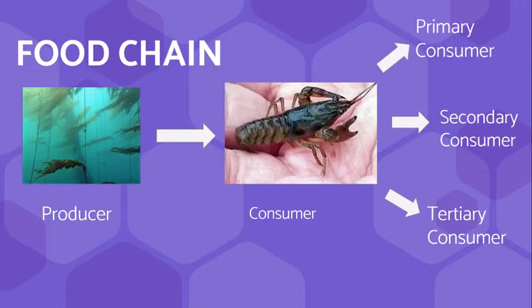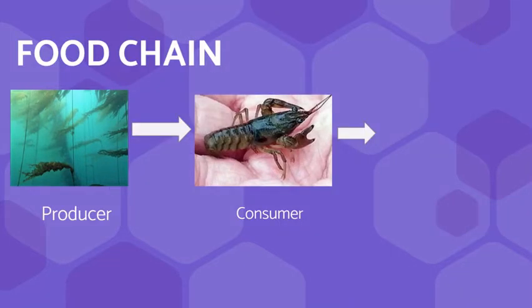Consumers come in many different forms based on the energy level. The first one, the direct consumer, is called a primary consumer. Further on the energy is called the secondary consumer. And then the third level is tertiary consumer.